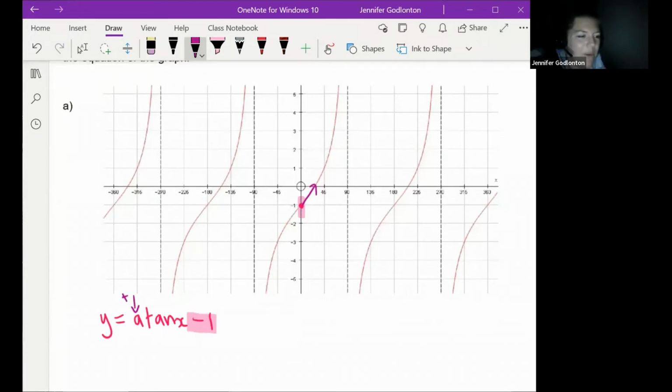Okay, so in sine and cos, we could take our max minus our min and divide by 2, right? But the problem in a tan graph is that the max is infinity and the min is negative infinity. So we're not going to be able to use that formula anymore. We did something else though. We did one other sneaky way.